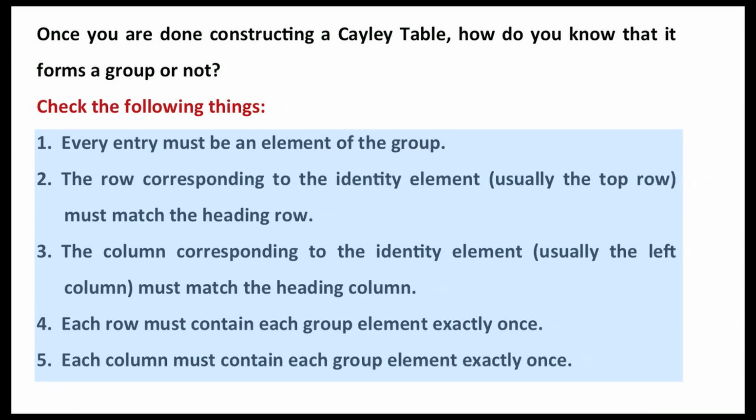The column corresponding to the identity element, usually the left column, must match the heading column. Each row must contain each group element exactly once. Each column must contain each group element exactly once. For your clear understanding, let us see some examples.